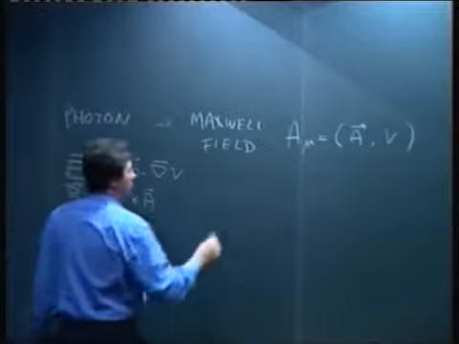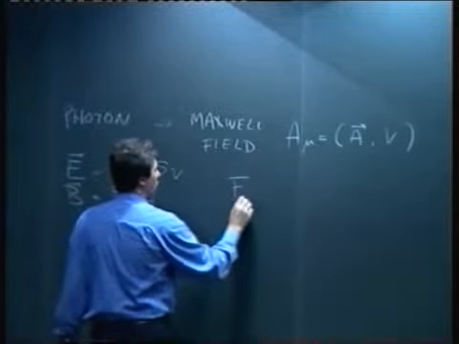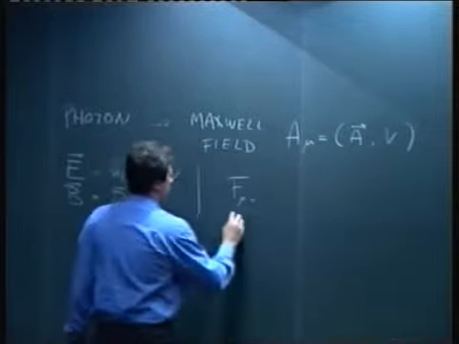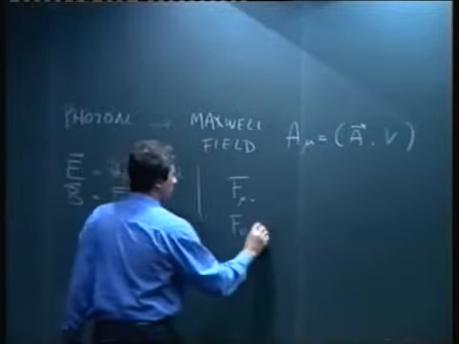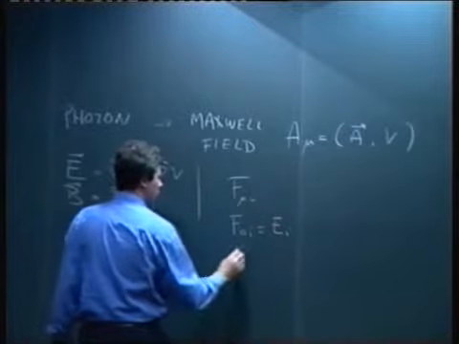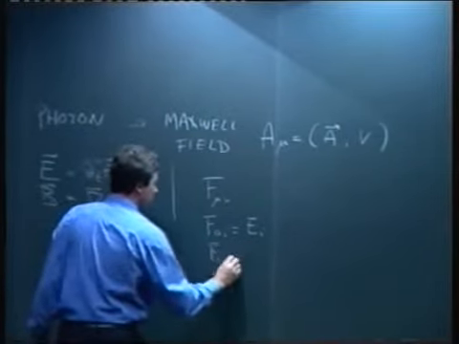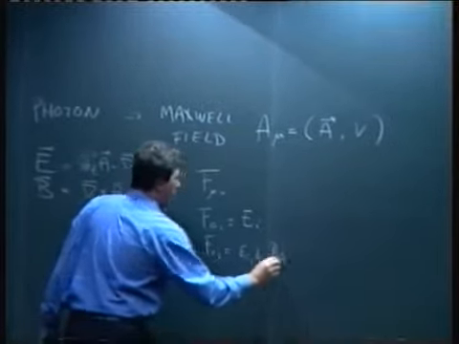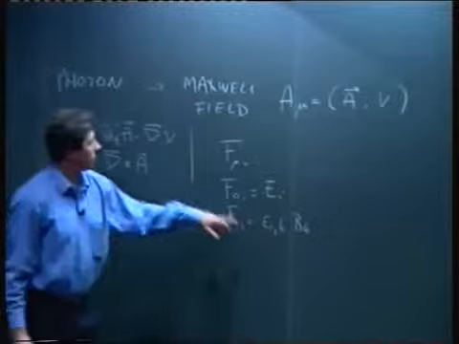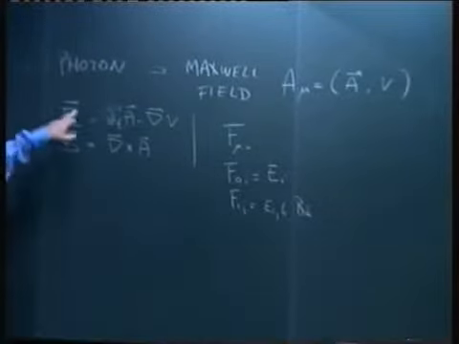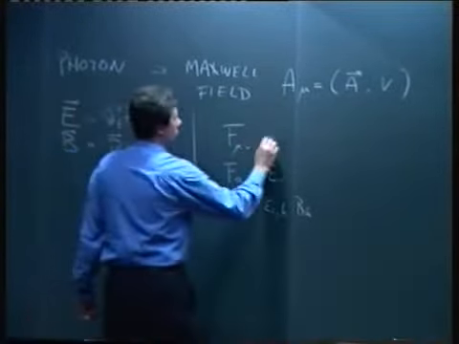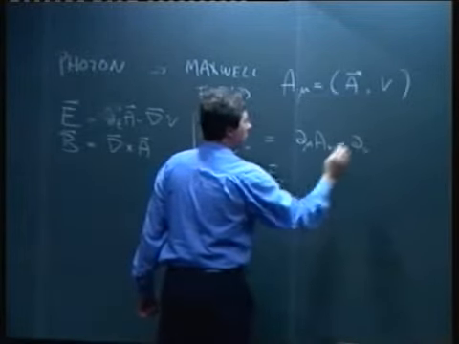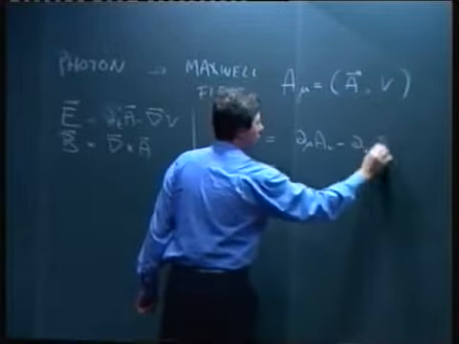If I now introduce a field strength, F mu nu, in such a way that F0i is the electric field and Fij contains the magnetic field, then these equations together can be written as F mu nu equals d mu A nu minus d nu A mu.